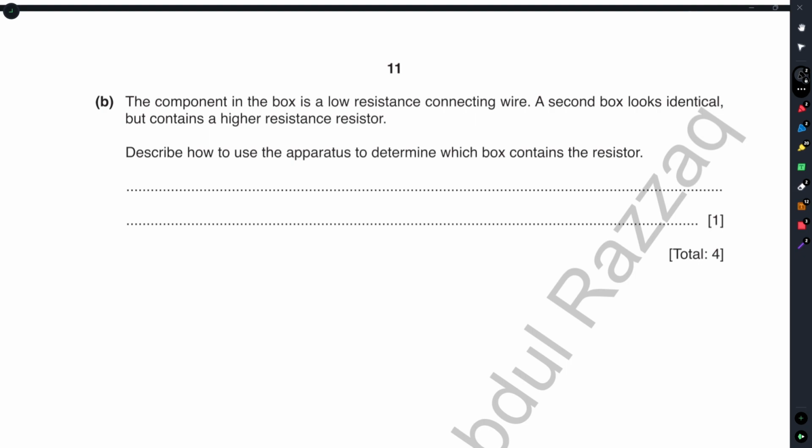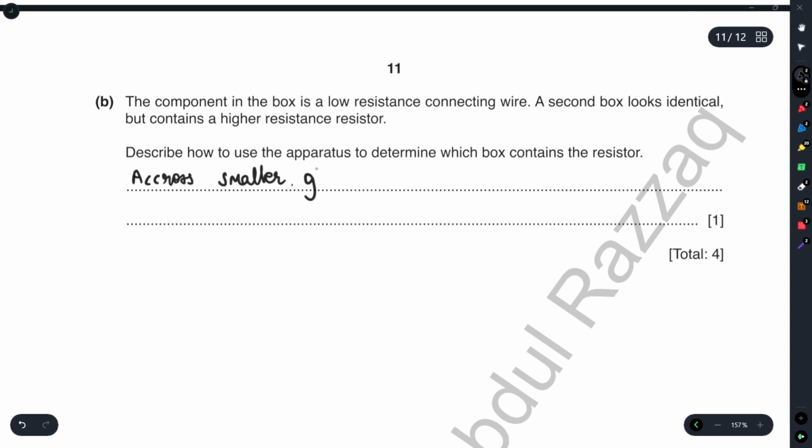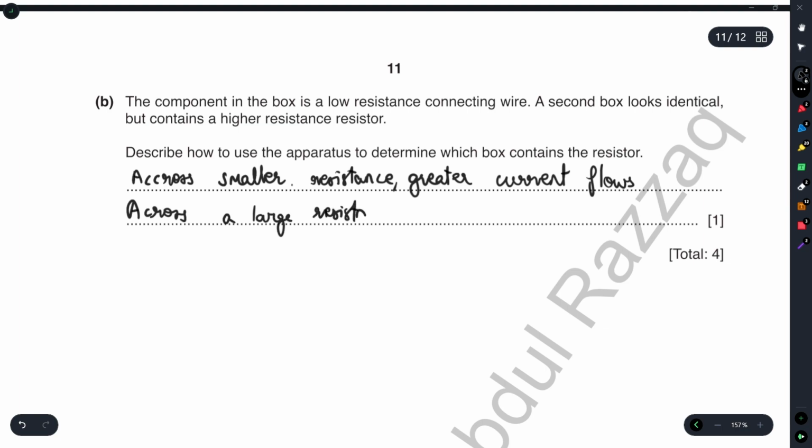So we can just simply say across smaller resistance, greater current flows. एंड अगर आप लिखना चाहें तो आप ये भी लिख सकते हैं कि across a larger resistance, a smaller current will flow. ठीक है.